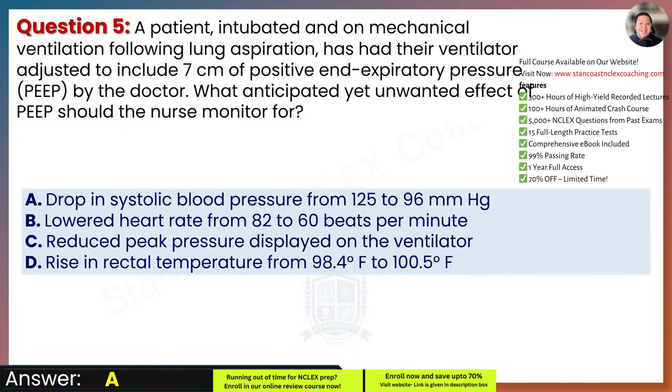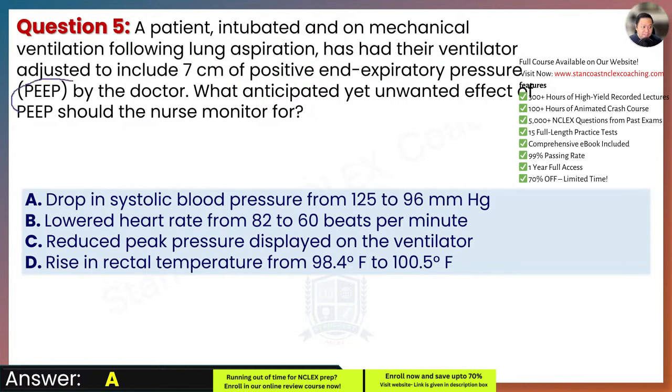And so less blood coming in means less cardiac output, which translates to lower blood pressure. And so this is a well-known but unwanted side effect, especially in patients who are already hemodynamically stable. And that is why blood pressure monitoring is crucial when PEEP is used.